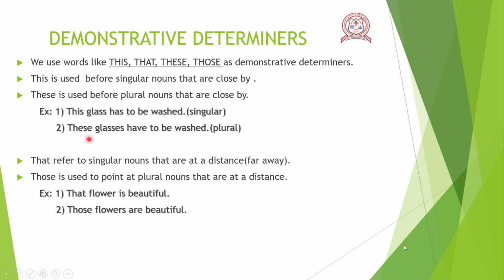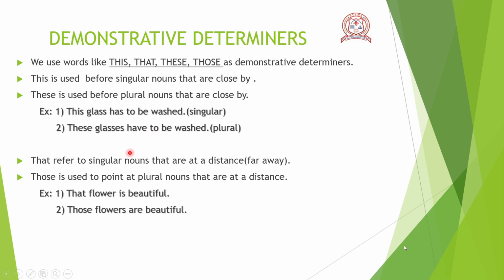Coming to the next example, these glasses have to be washed. Why is it plural? Because it is glasses, and because it is plural, we use the demonstrative determiner these. So these glasses are also kept somewhere near to the person who is speaking. That is why he or she is saying these glasses or this glass. Okay, did you get that?